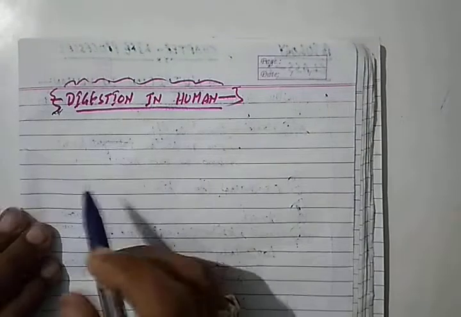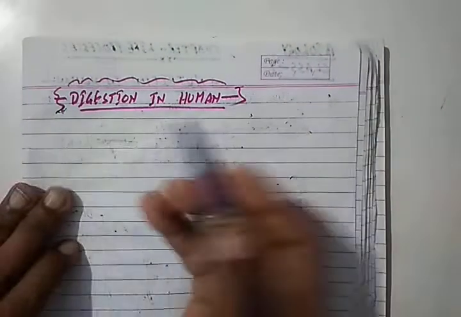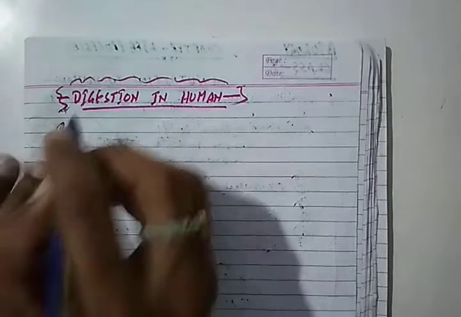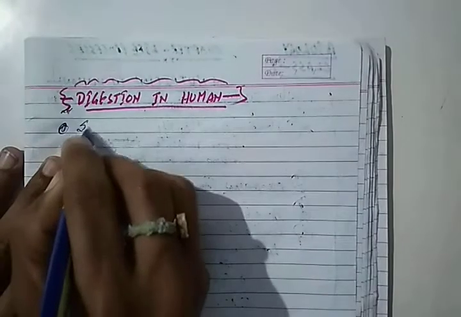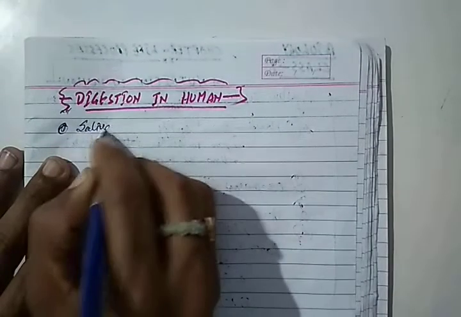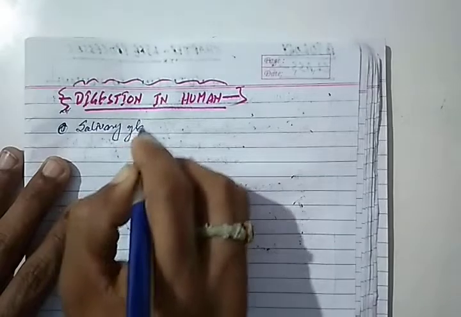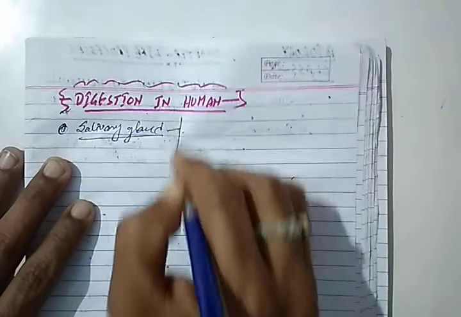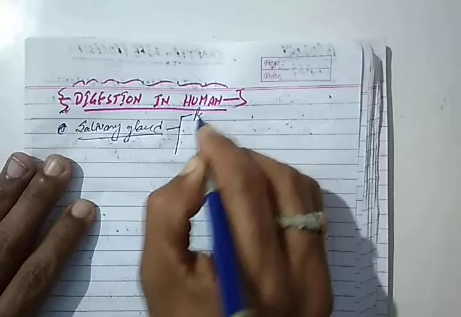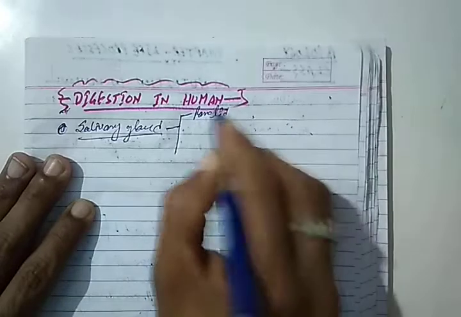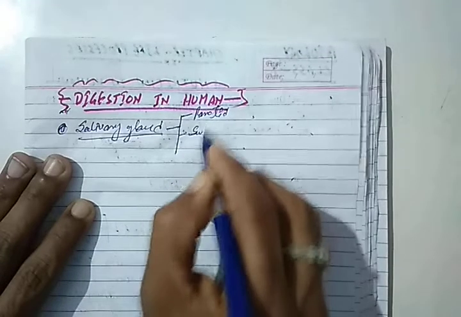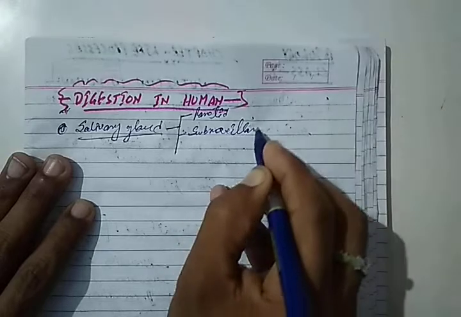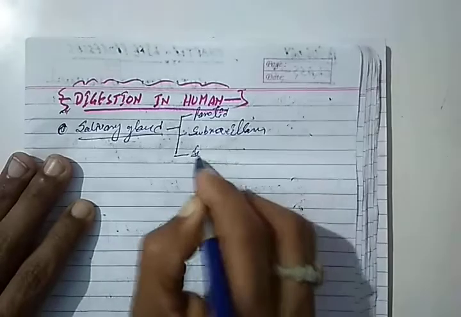Okay, let us try to remember what we studied in the last diagram. First, salivary glands. There are three glands: first is the parotid, submaxillary, and sublingual.